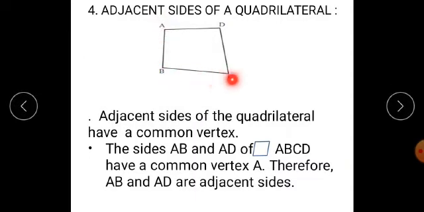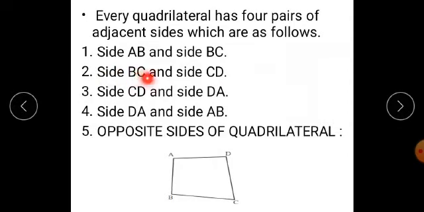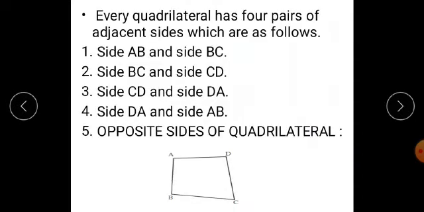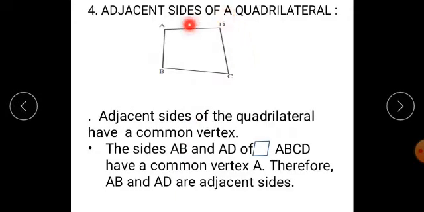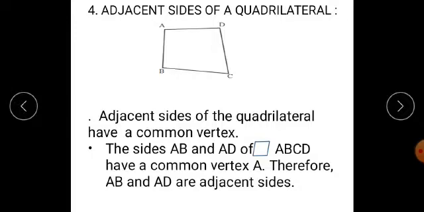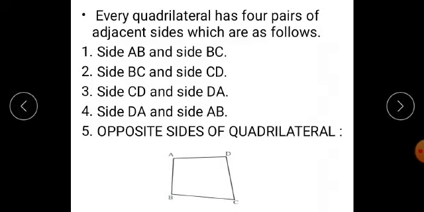Side AB and side BC have common vertex B. Then second one, side BC and side CD share a common vertex C. Next one, side CD and side DA share a common vertex D. And last one, side DA and side AB share a common vertex A. Therefore, each and every quadrilateral has four pairs of adjacent sides.